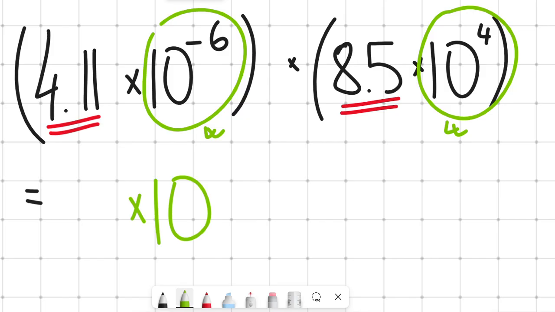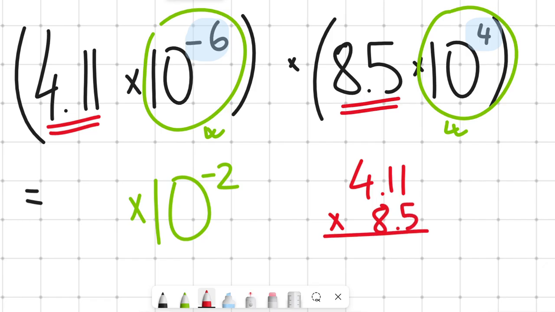We said when it's multiplication, we add the exponents. So minus 6 plus 4 will be minus 2. Now we have to multiply the numbers quickly. 4.11 multiplied by 8.5. So 5 times 1, 5 times 1, 5 times 4. Then we have 8 times 1, 8 times 1, 8 times 4.